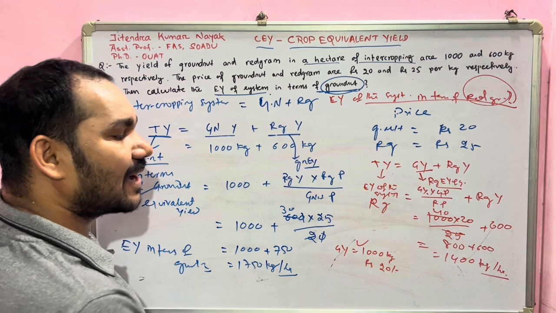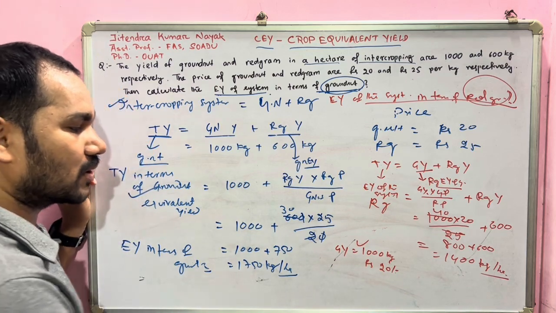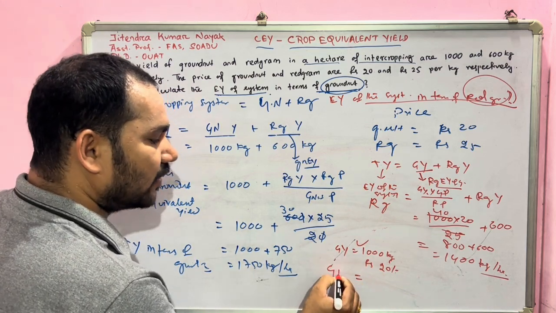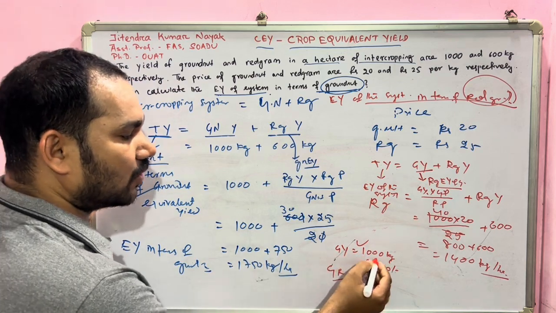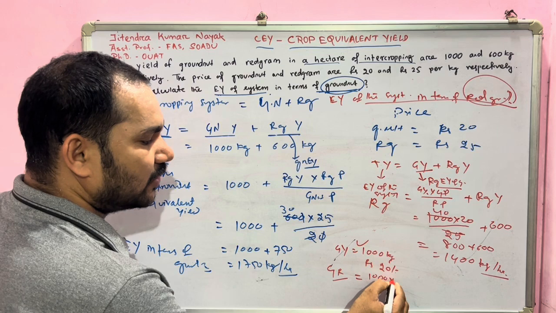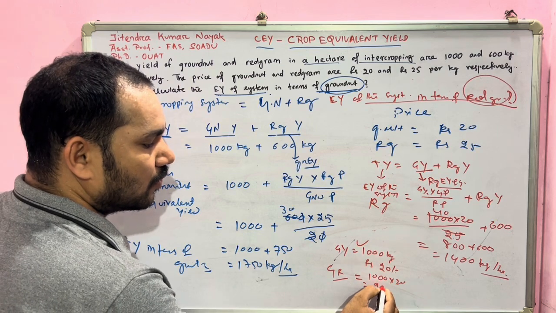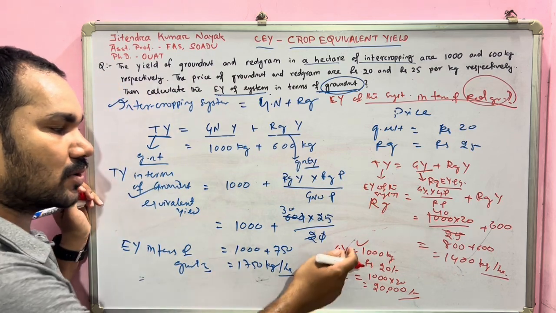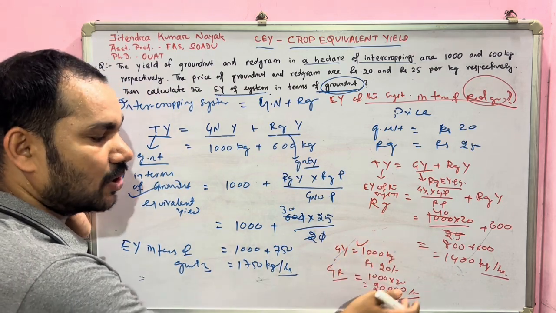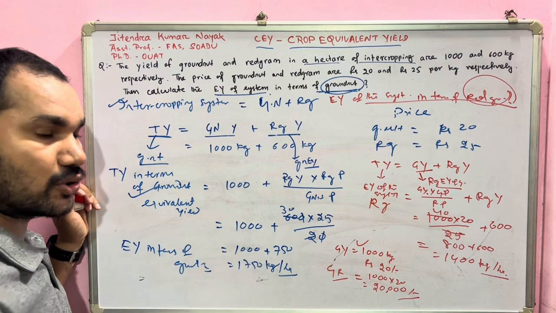So by selling 1000 kg of groundnut, how much gross return do I have? I will have a gross return of 1000 into 20 rupees, which is 20,000. So by selling 1000 kg of groundnut, I am getting 20,000 rupees as my gross return.